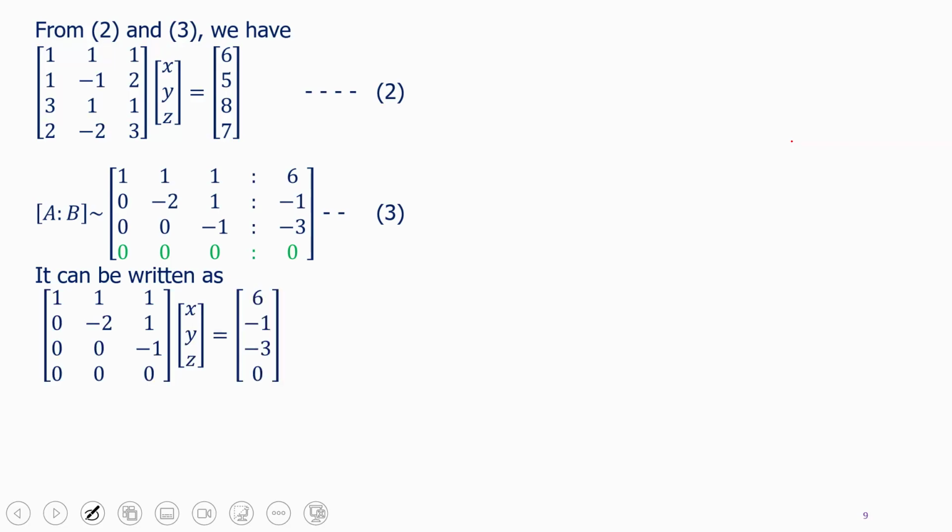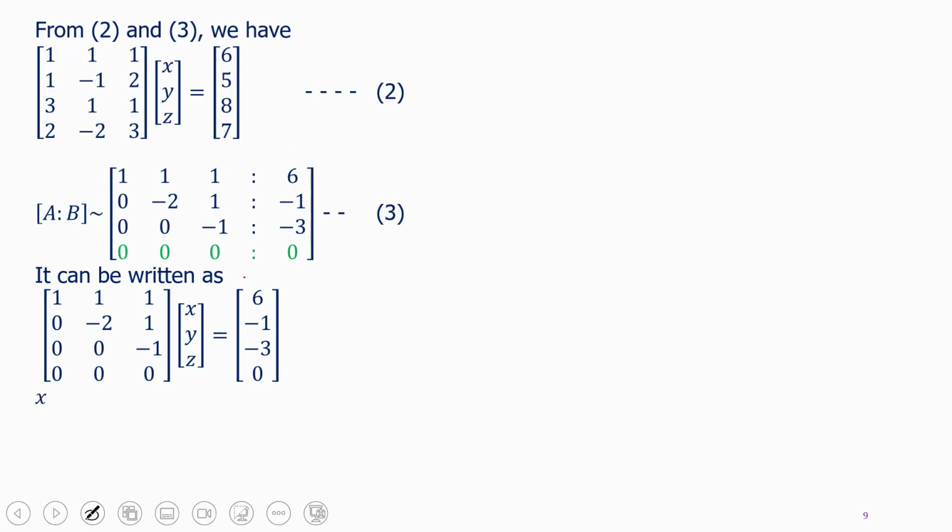Now this matrix is replaced by this matrix: 1, 1, 1, 0, -2, 1, 0, 0, -1. The constant matrix is replaced by 6, -1, -3, and the variable matrix is as usual.